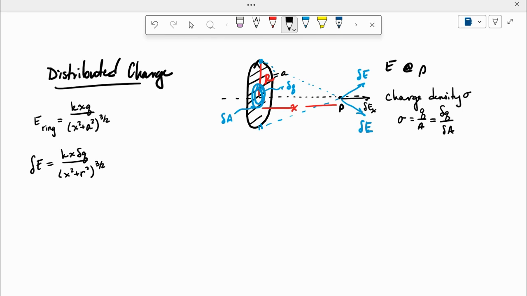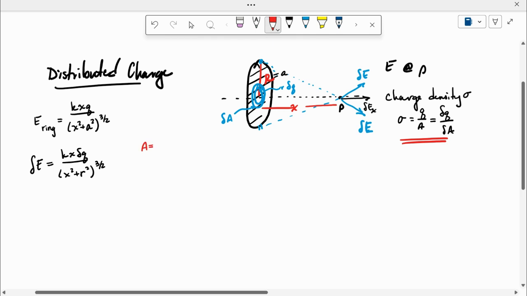So now we have to say, well, what does all this stuff mean? That's where we go back to this information here. Some stuff we know is area. We're looking for a disk, so that's going to be pi r squared, but we don't want area, we want dA.